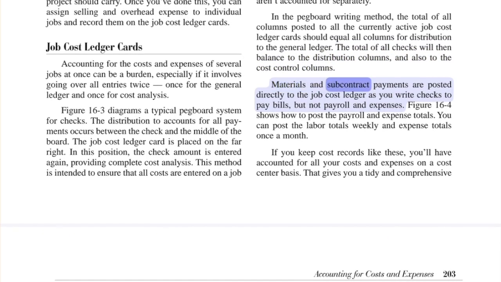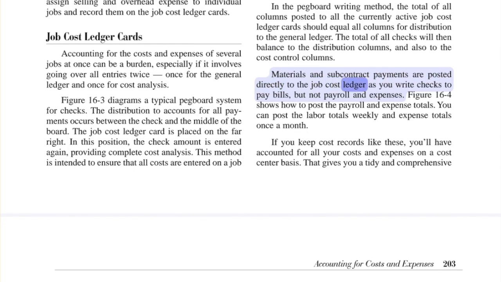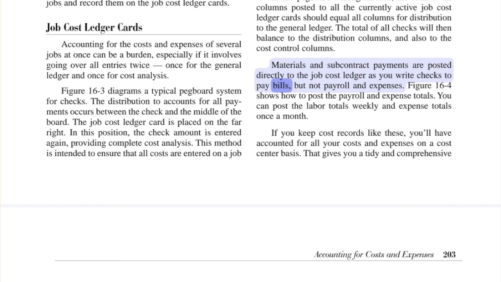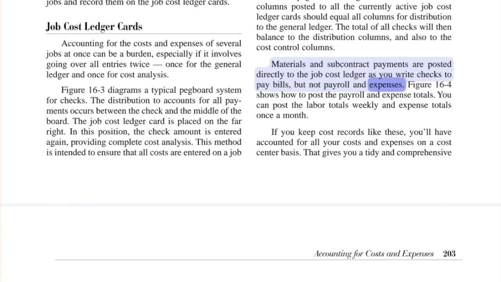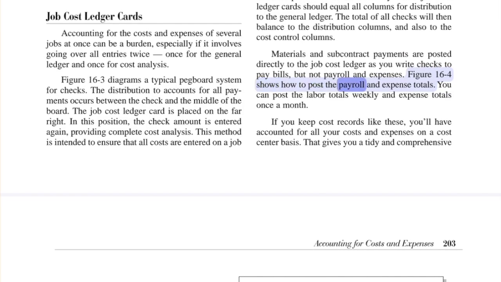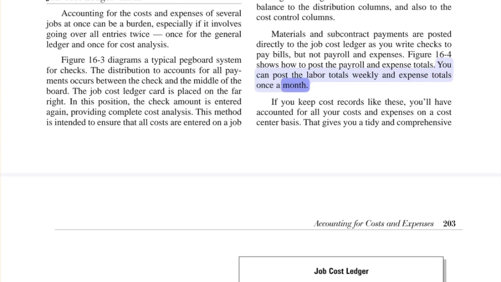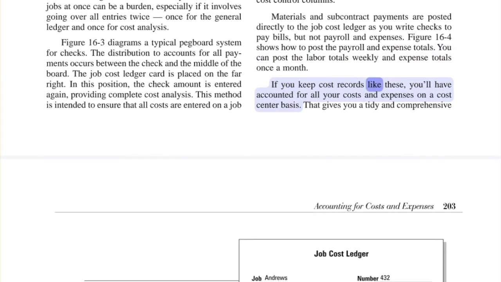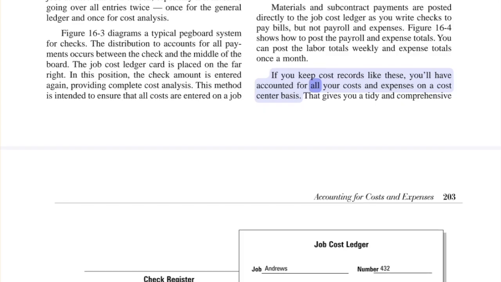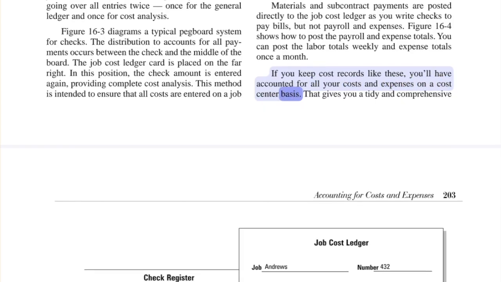Materials and subcontract payments are posted directly to the job cost ledger as you write checks to pay bills, but not payroll and expenses. Figure 16-4 shows how to post the payroll and expense totals. You can post the labor totals weekly and expense totals once a month. If you keep cost records like these, you'll have accounted for all your costs and expenses on a cost center basis.